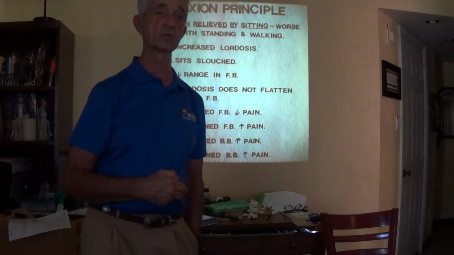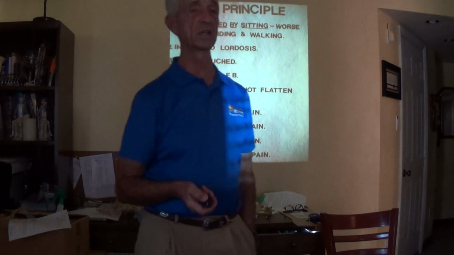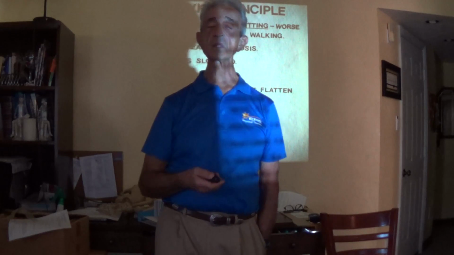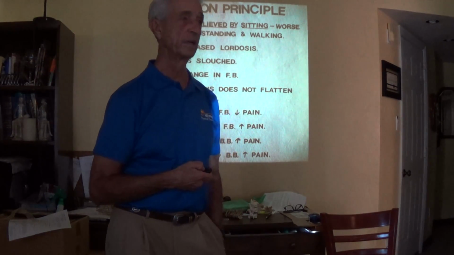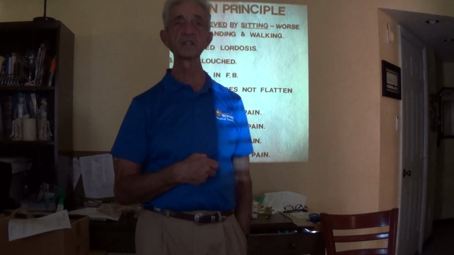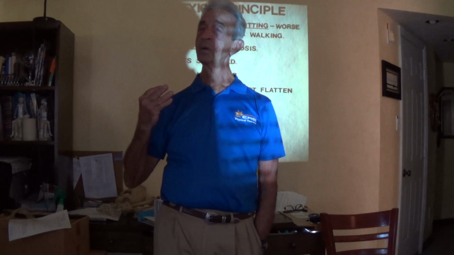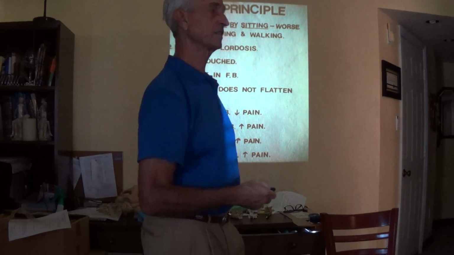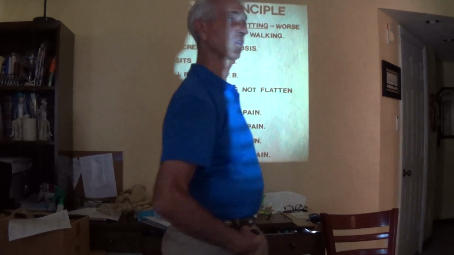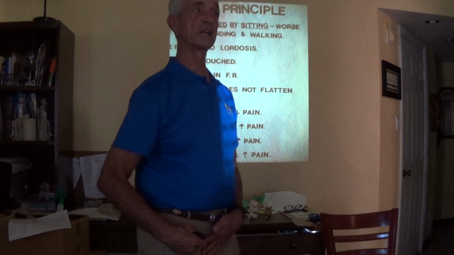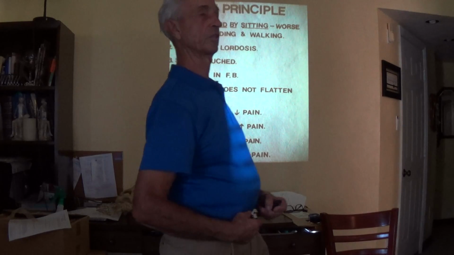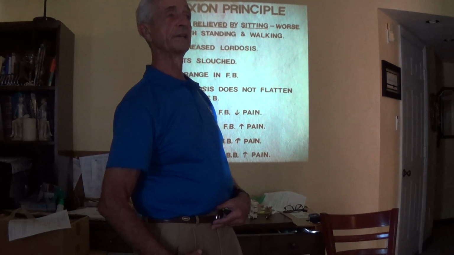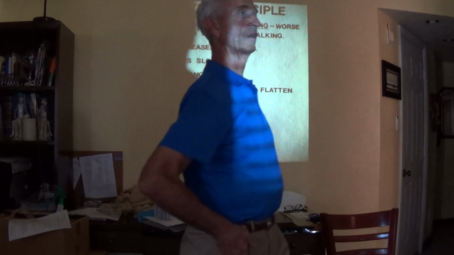Walking is an extension posture, and like I told you with the screen exam, when you walk, you're extending your lumbar spine every time you take a step. Because as you take a step, you put a stretch on the iliolumbar ligament, you put a stretch on the psoas muscles, and you force yourself into extension every time you take a step.